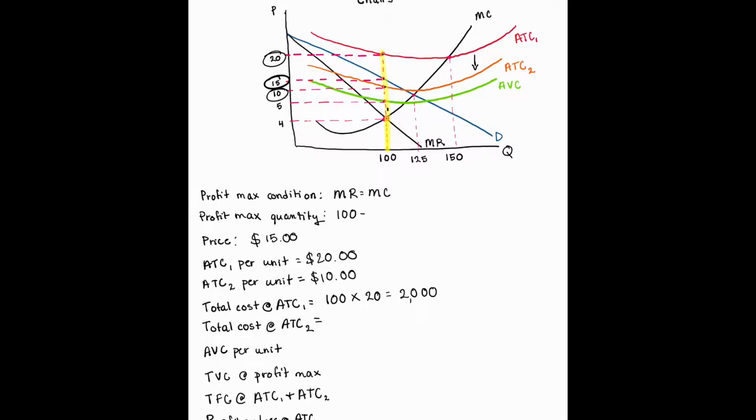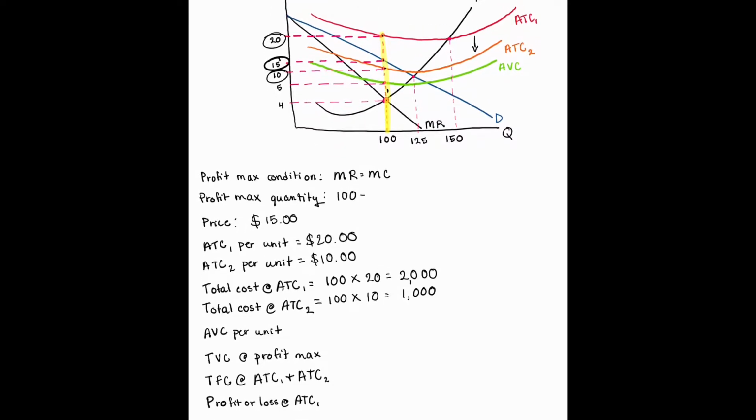Okay, so now for the second curve, we'd still use the same 100 chairs as our profit maximizing quantity, so it'd be 100 times 10. So we have 1,000 as our total cost using average total cost curve 2.